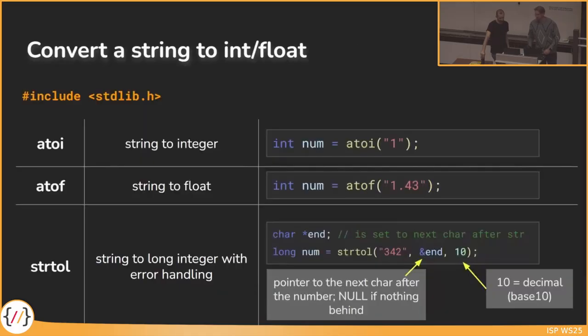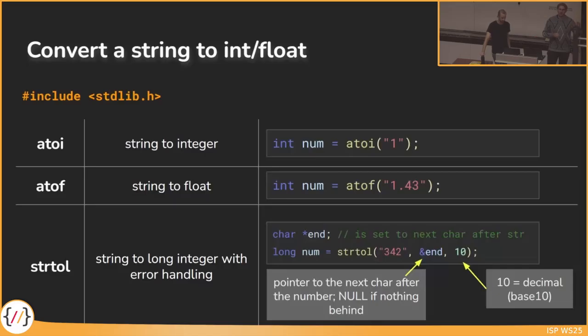So there are some functions already provided in the C standard library. You just have to include the stdlib header, which we'll use from now on, I think, most of the time. In this header, there are already functions, for example, atoi, which means ASCII to integer, which converts a string to an integer.